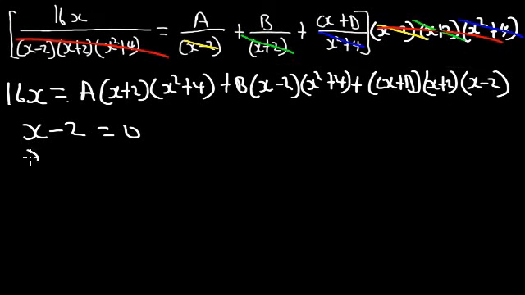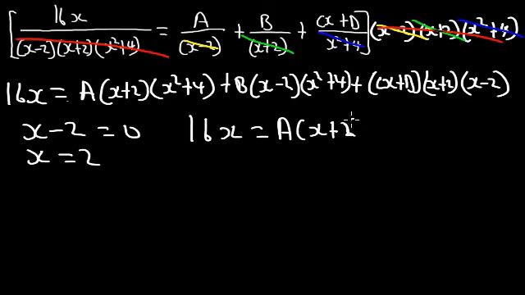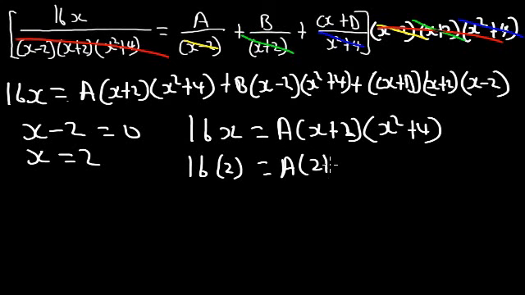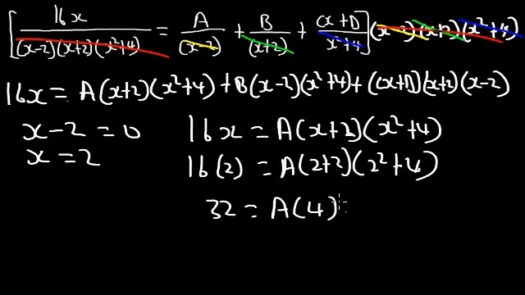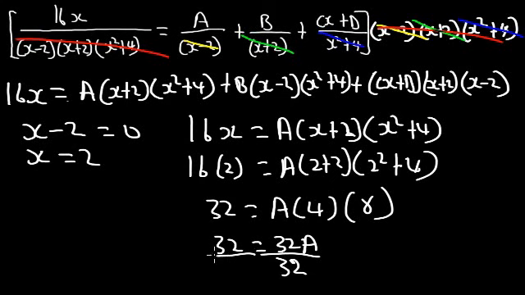So definitely it will be at x equals 2. At x equals 2, 16x equals A in the bracket of x plus 2, multiplied by x squared plus 4. Plugging in that 2, we have A in the bracket of 2 plus 2, 2 squared plus 4. And that's 32 equals A in the bracket of 4 multiplied by 8, which is 32 equals 32A. Dividing 32 by 32, the value of A equals 1. So A is equal to 1.